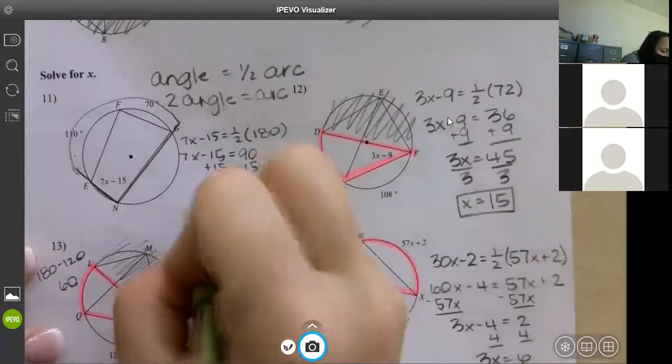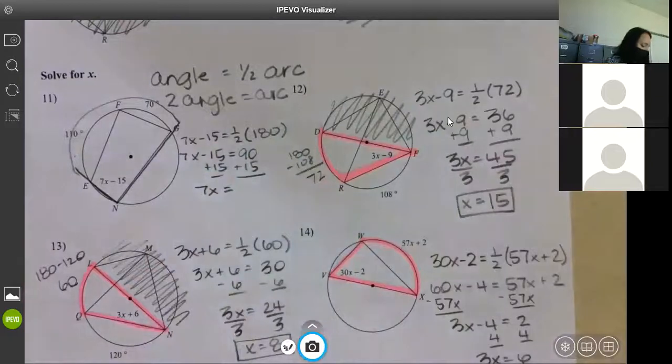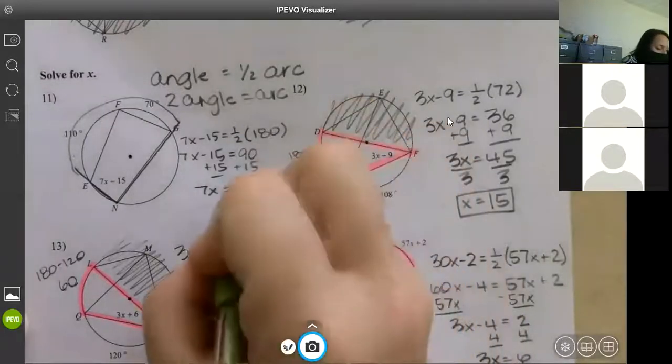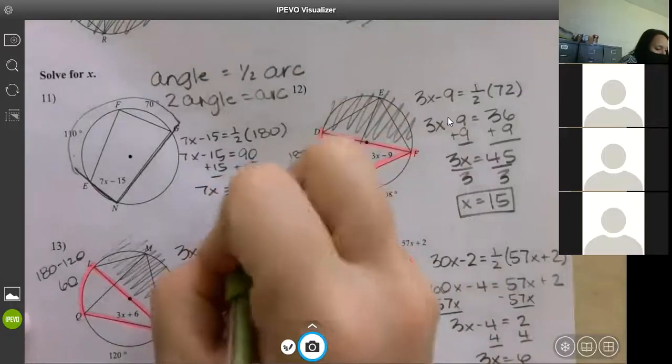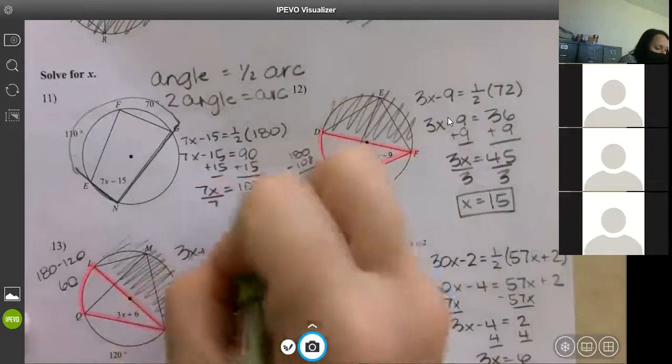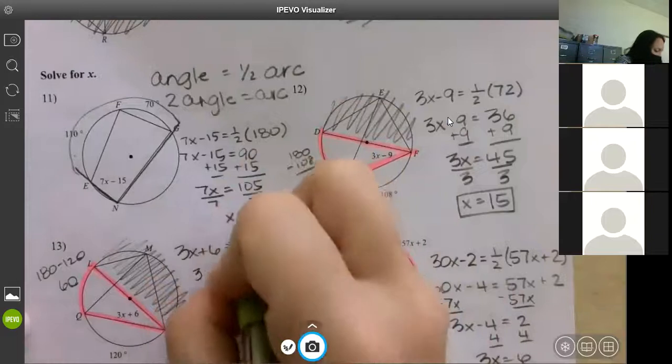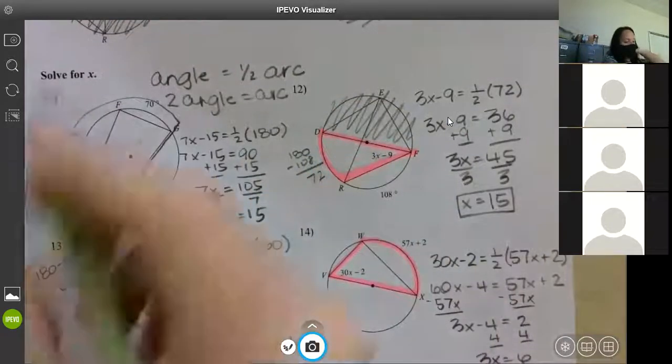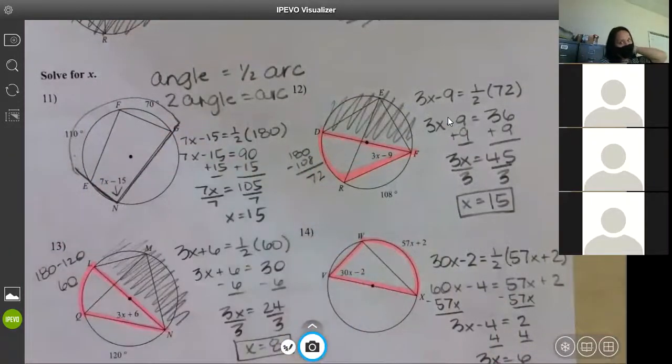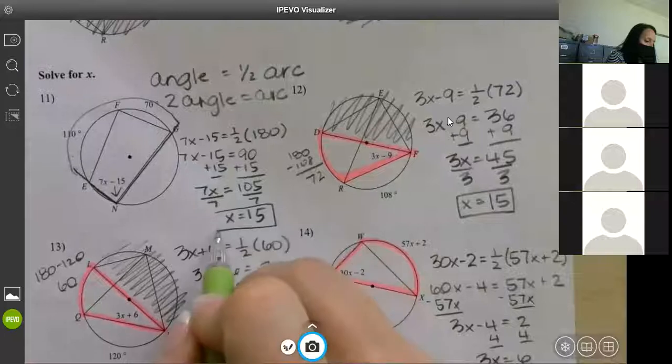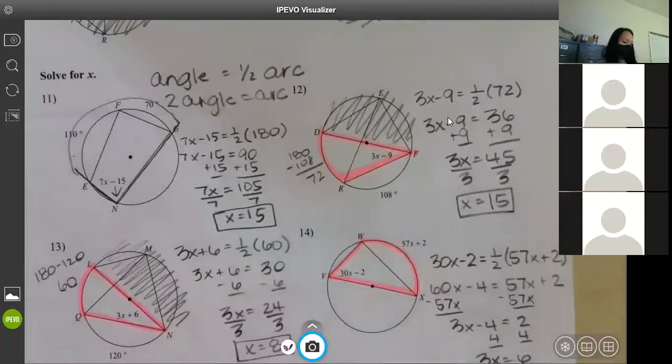We get 7x equals, what's 90 plus 15? 105. Then we're going to divide by 7. And it came out perfect. So this was part of n. I didn't think we were quite there to that one yet. And that's all you needed. We didn't have to plug back in.